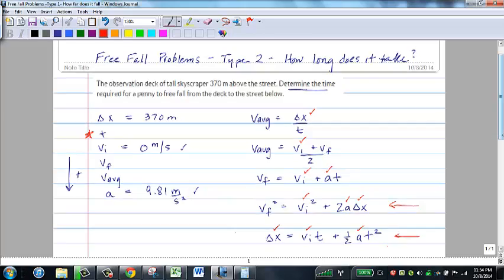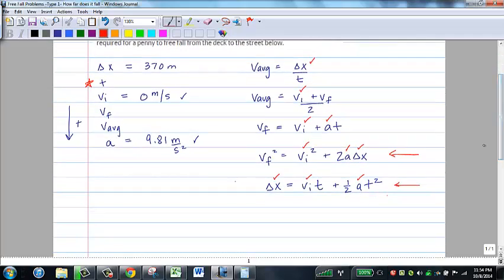Now, at first, when you look at that equation, it looks like it might be too difficult to use, as if you might have to solve it using the quadratic equation, because you don't know t, and t appears twice in the equation, here to the first power, and here to the second power.